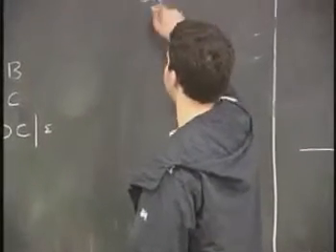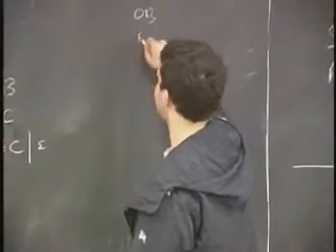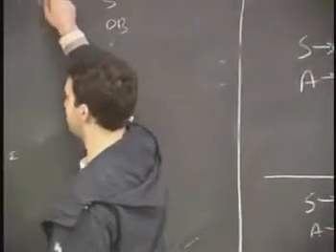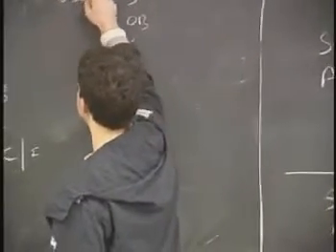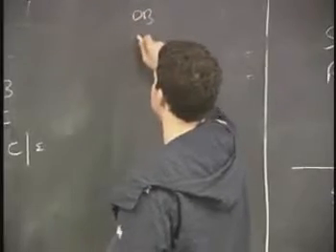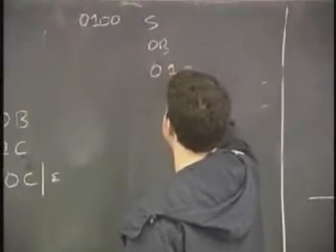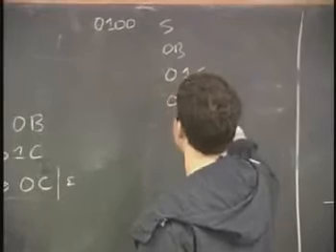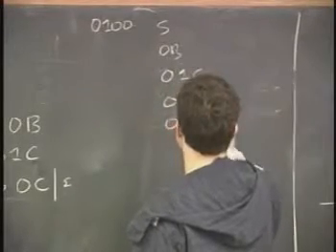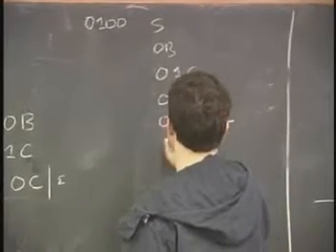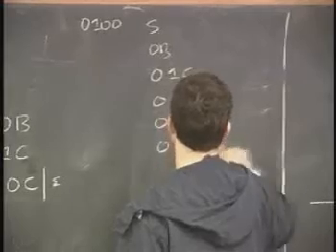So you start with S, then 0B, and say we derive 0100: S, 0B, 01C, 010C, 0100C, 0100 epsilon.